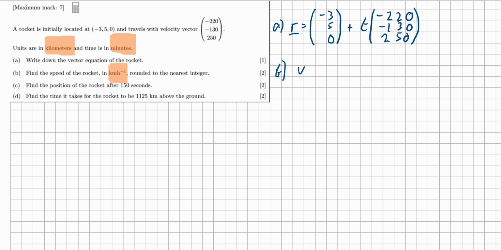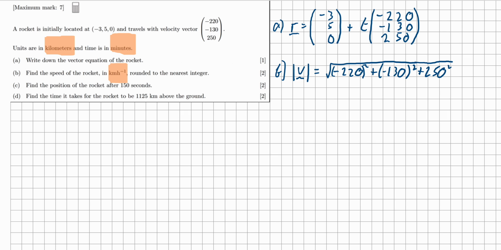So I'm looking at V, the velocity vector, and what we need is the magnitude. So we've got the square root of -220 squared. Now remember, it's negative. Doesn't matter. When you square it, it's going to be positive. If you calculate it, it doesn't show it. It just means you don't know how to use your calculator. And then -130 squared plus 250 squared.